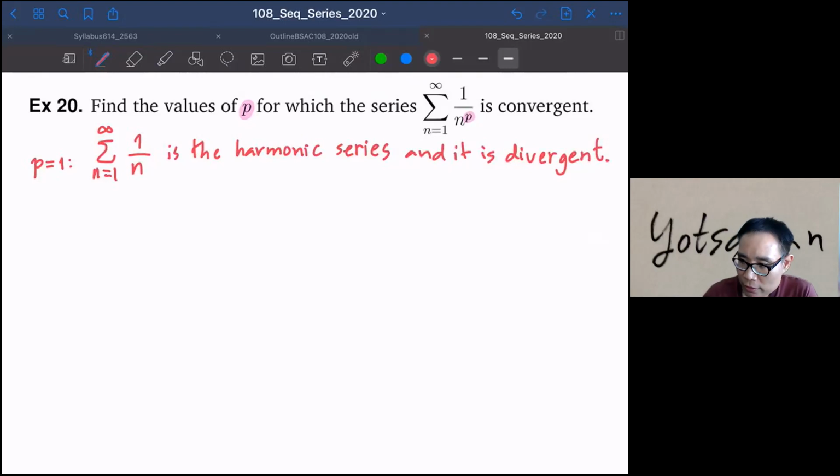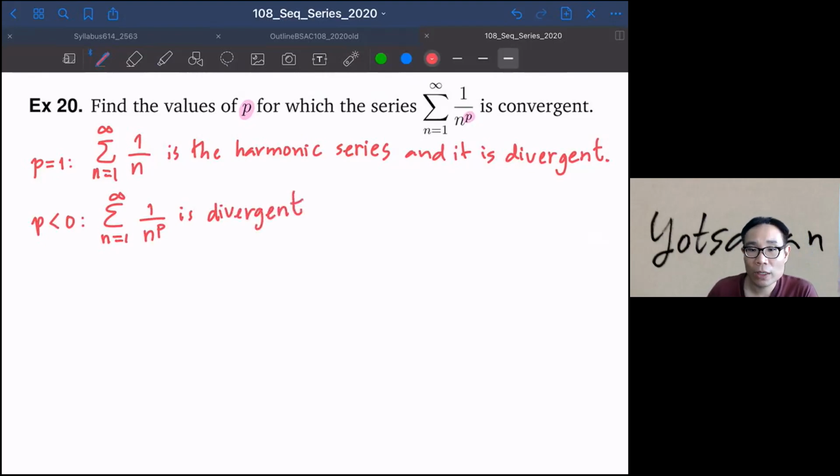The next case is when p is negative. When p is negative, the series sum from n equals 1 to infinity of 1 over n to the p is divergent.